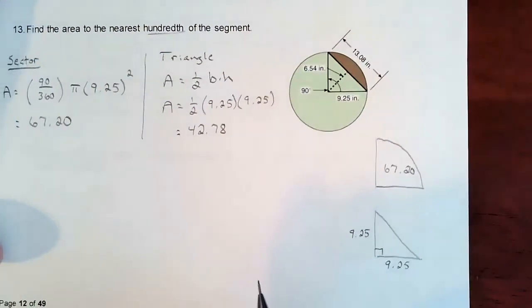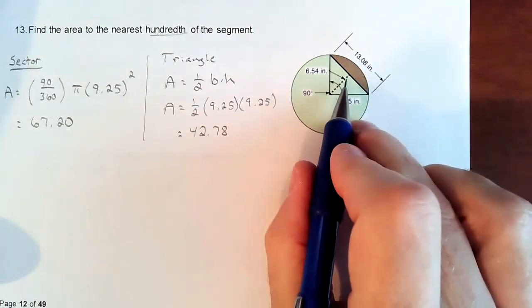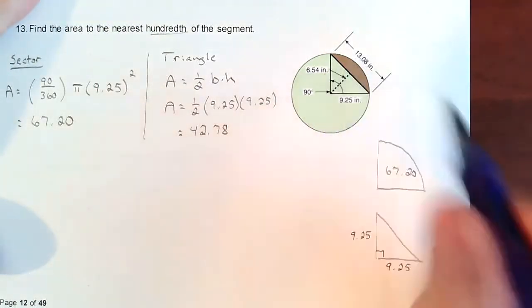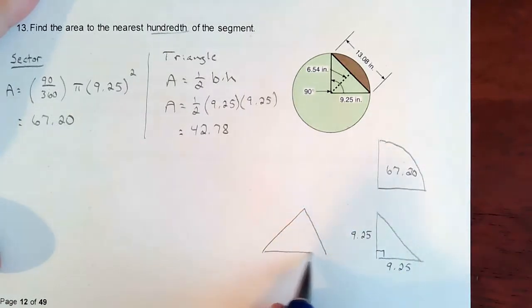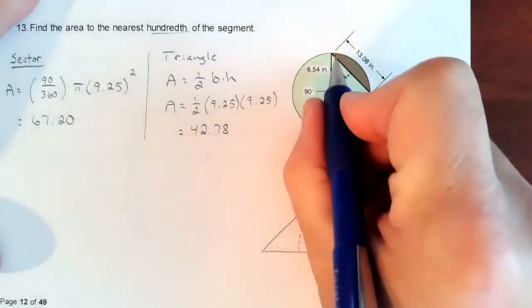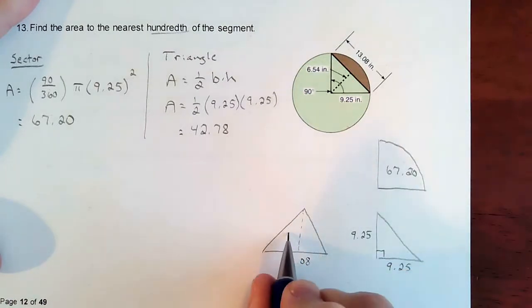All right. So just so you know, they gave us some other values, and the other values would be a different way of looking at the triangle. If I roll that triangle, like this, where that dotted line is the height, then the base is 13.08, and the height is 6.54.